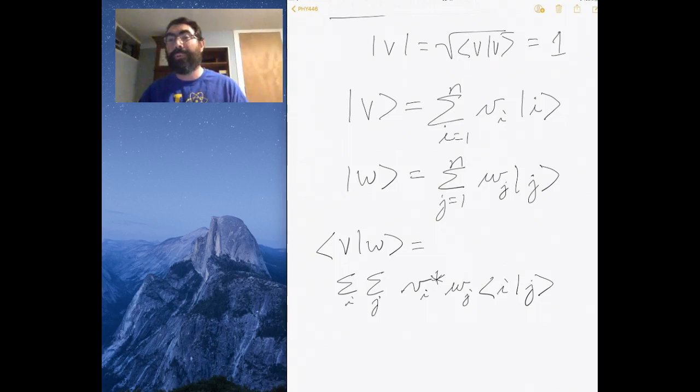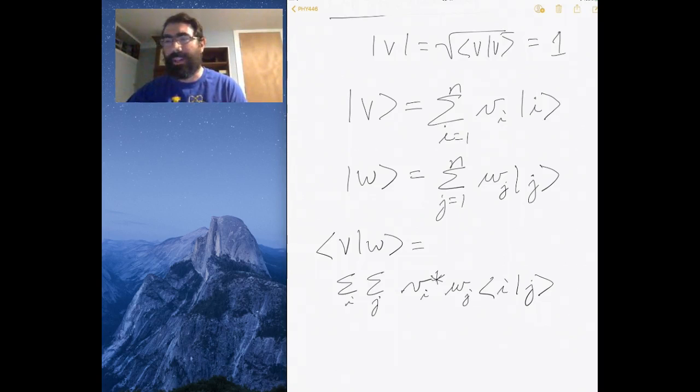So we're taking the inner product of the basis vectors i, which are the basis vectors for the v vector, and multiplying by the basis vectors j, which are the basis vectors for the w vector.